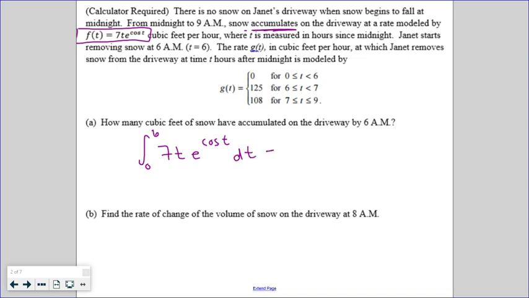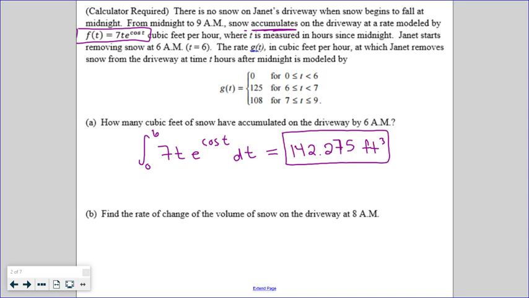I went to my calculator, typed that in, and got 142.275, and that would be in cubic feet, just accumulating from 0 to 6.